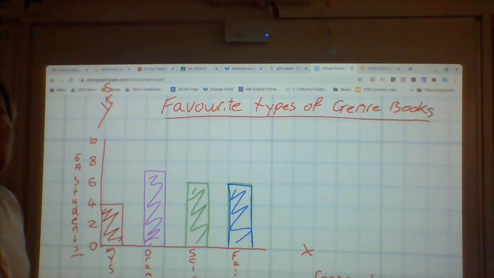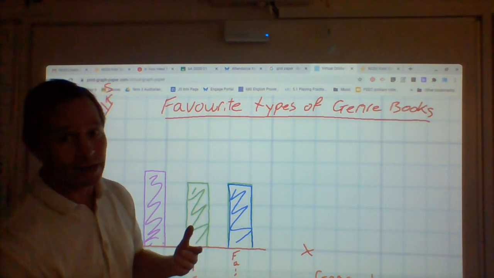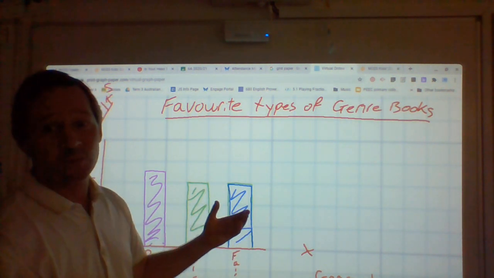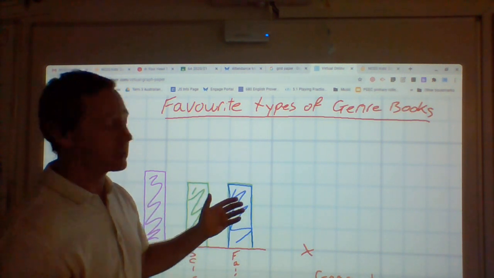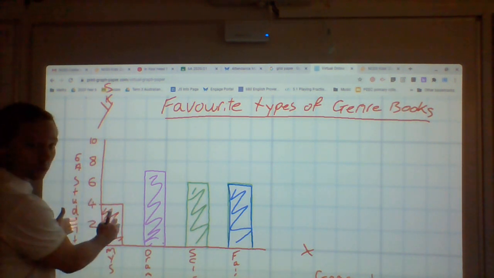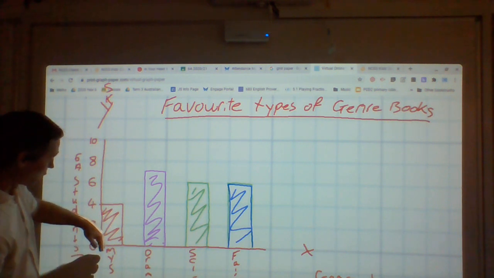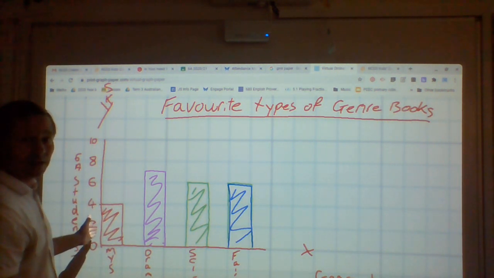If it happened to be a graph where you have a double bar graph, you'll have to have a key, which is sometimes known as a legend. That's so if you have boys and girls, you have them right next to each other. If there were 4 students who chose mystery, maybe 3 of them were girls and 1 a boy.